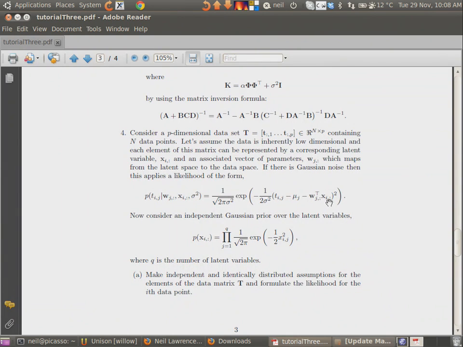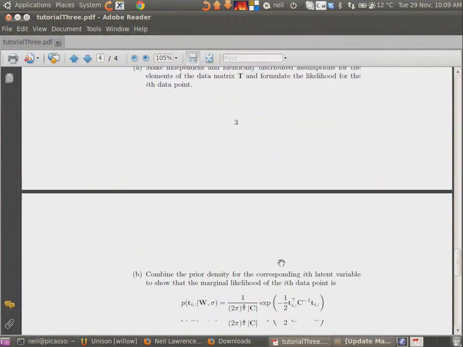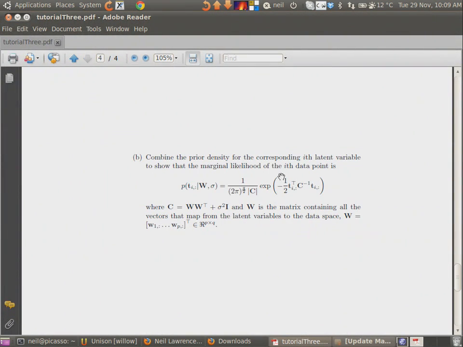And that we want to express that data with a low dimensional, it's got a mean and a low dimensional representation, which is mapped up through the vectors, and then we use this Gaussian prior over now the latent variables, not over the mapping matrix as we did for Bayesian regression. So then you need to write down the data likelihood, and then you need to combine the prior to show this, which is actually what we'll just go through now to start the lecture.